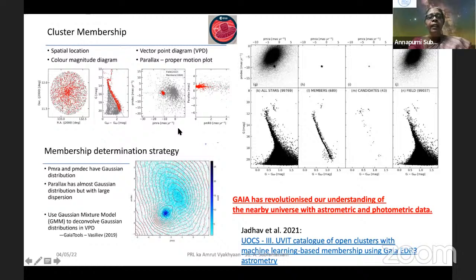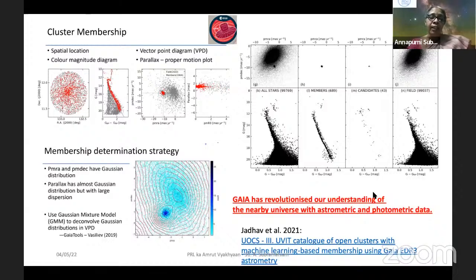As I mentioned, the Gaia mission, which has produced a huge amount of information regarding positions, proper motion, and parallax, is effectively used to understand various stellar populations. In this diagram, using Gaia tools, people do a Gaussian mixture model to identify the distribution of stars, which tells you that there are field stars and there's a clump out there which relates to the cluster present there, and that can be used to understand various stars present in the cluster as well as the kinematics of the cluster.